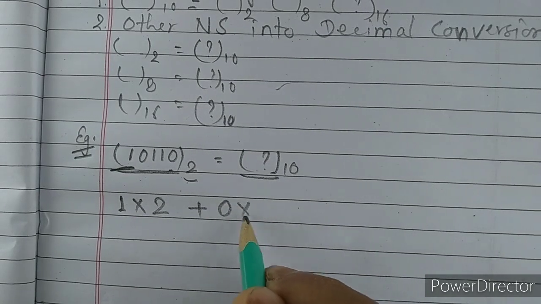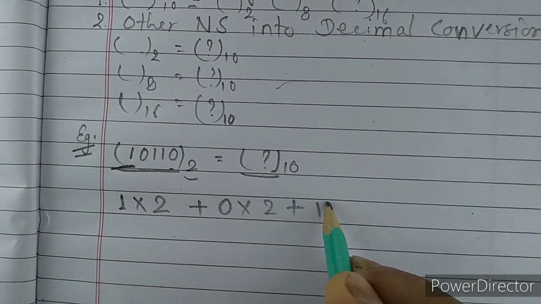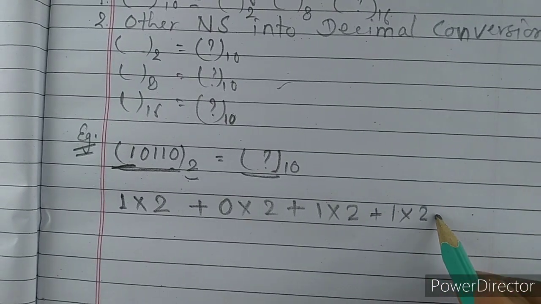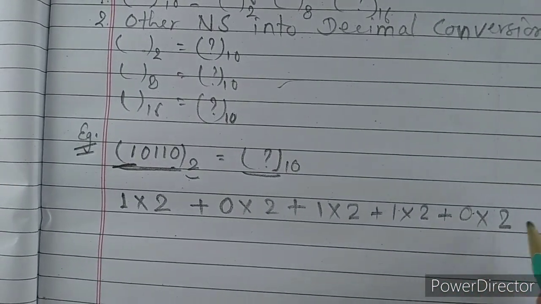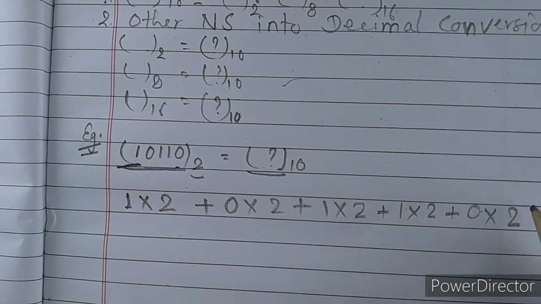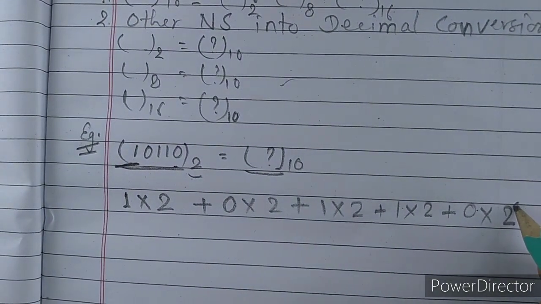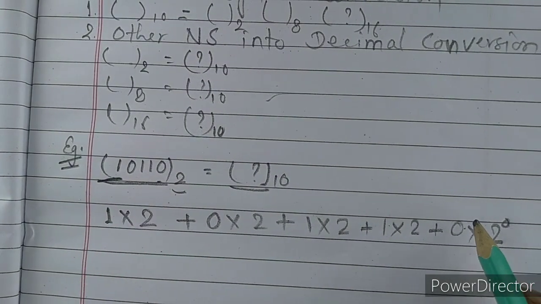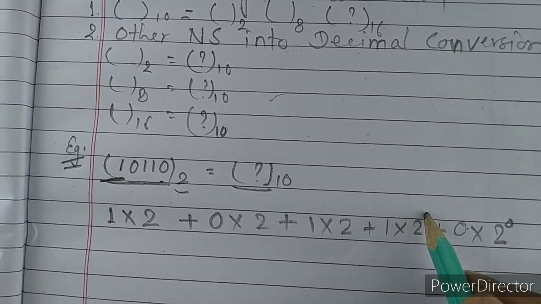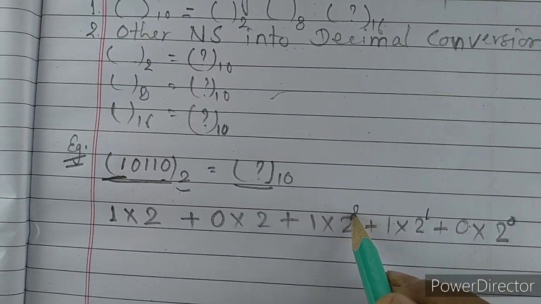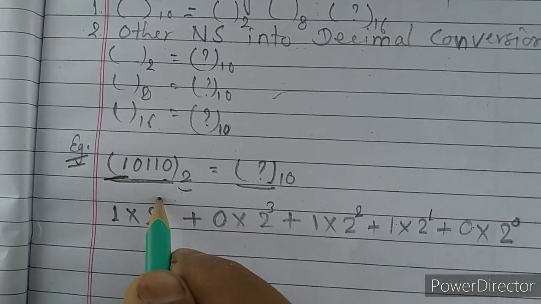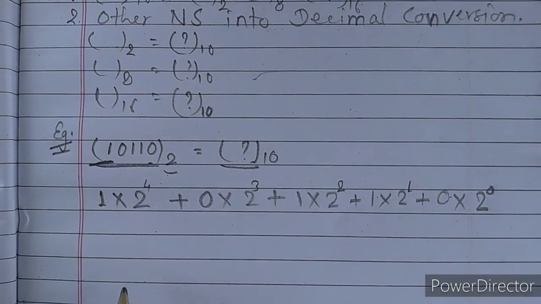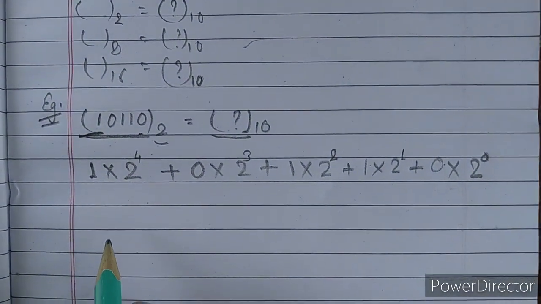So 1 into 2, plus 0 into 2, plus 1 into 2, plus 1 into 2, plus 0 into 2, and we must give the powers to 2 starting from 0, from right to left: 0, 1, 2, 3, 4. This is the horizontal method we are going to complete.